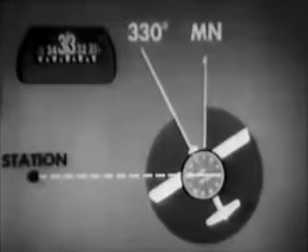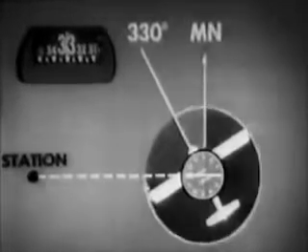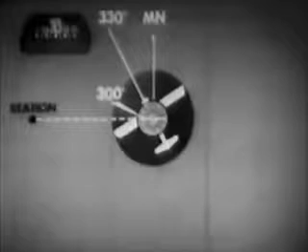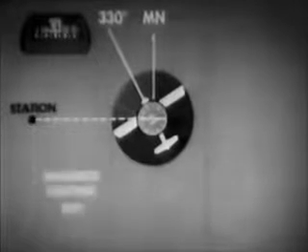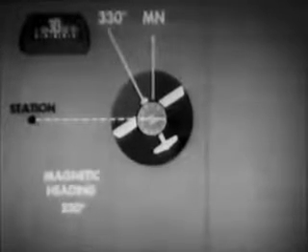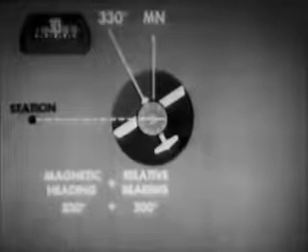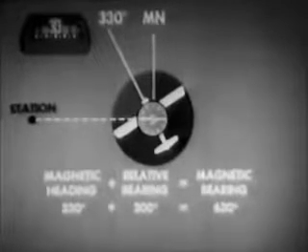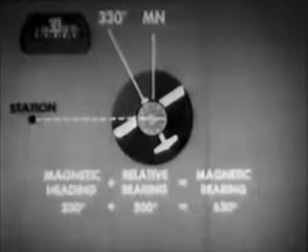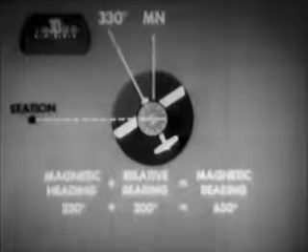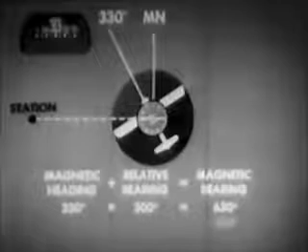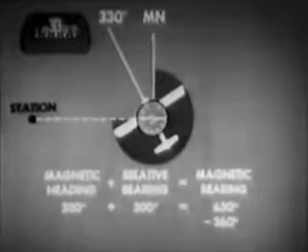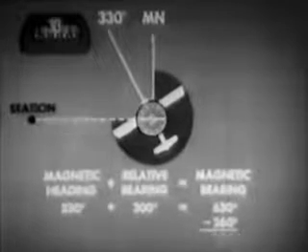If we tune a station and find the relative bearing is 300 degrees, by adding the heading of 330 degrees to the relative bearing of 300 degrees, we get the sum of 630 degrees. Whenever the sum is greater than 360 degrees, we must subtract the 360 degrees to determine the direction to the station, 270 degrees.